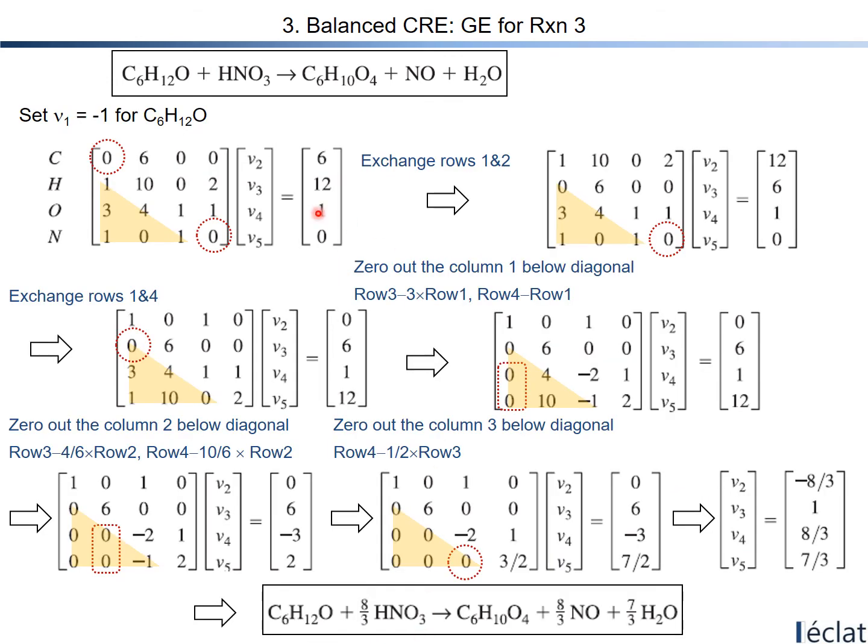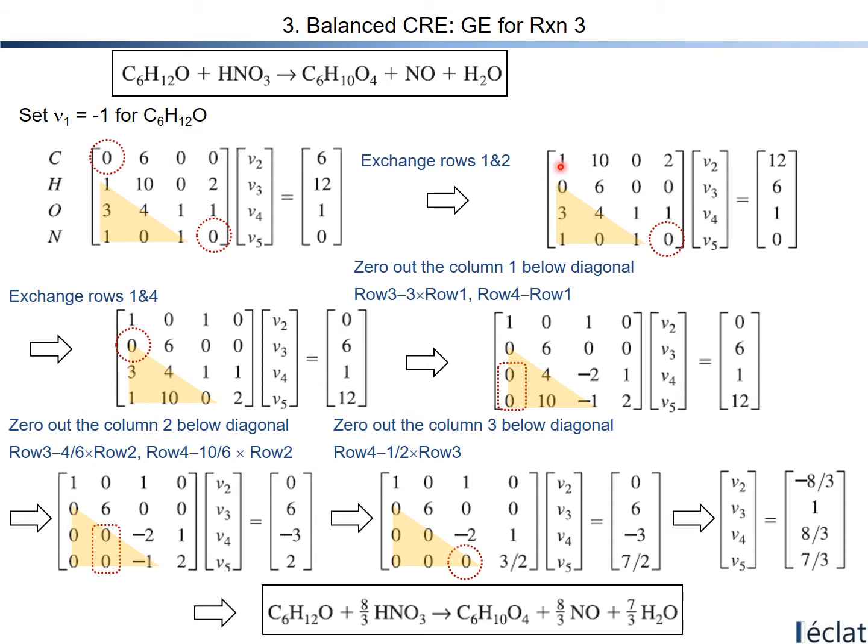Okay, here again, the same matrix representation of the reactions. So my primary or first target of the operation is to remove zeros on the diagonal. So the first operation is exchange rows 1 and 2. So this one is going to the first, and this one is going to the second row.